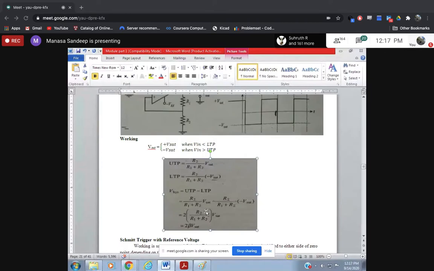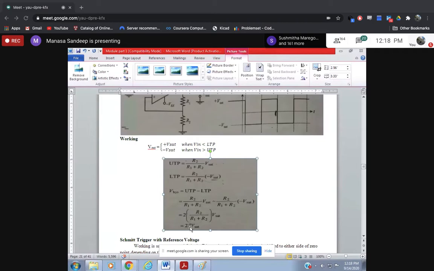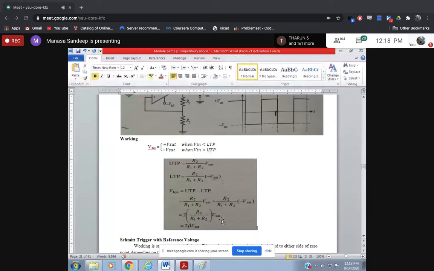This R2 divided by R1 plus R2 you can represent as beta, which is called the feedback factor. So hysteresis is equal to 2 beta V saturation. What is beta? Beta is nothing but R2 divided by R1 plus R2.